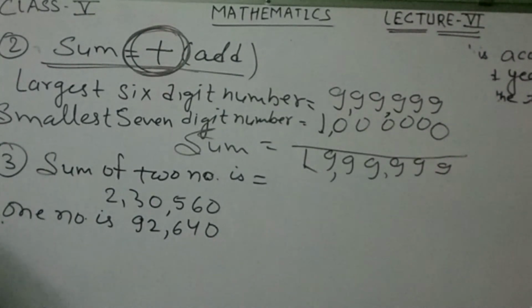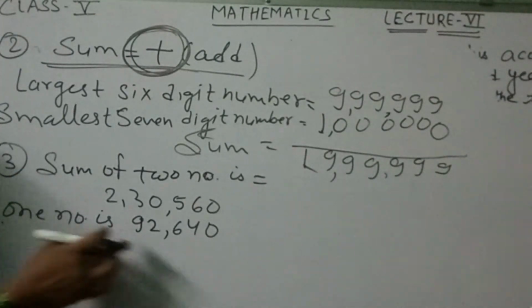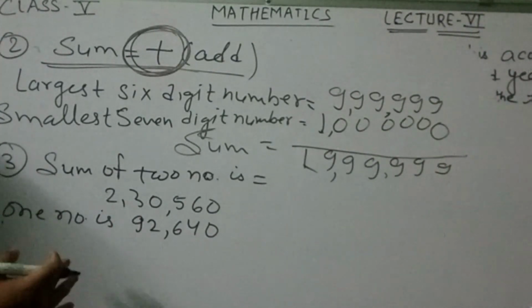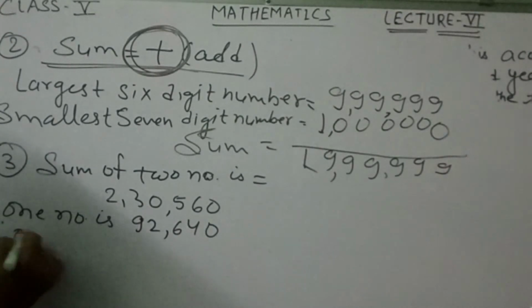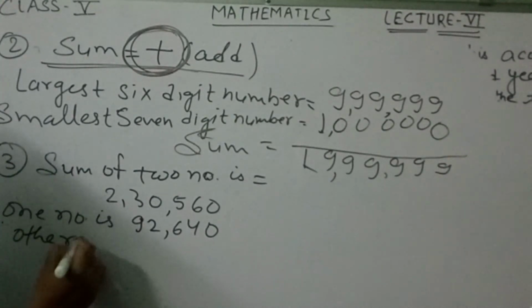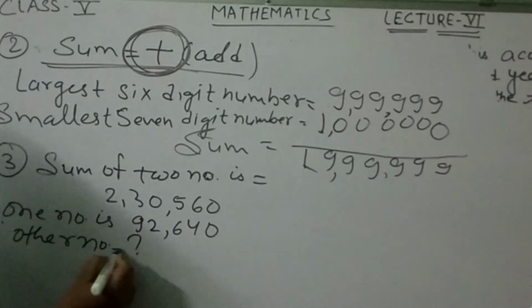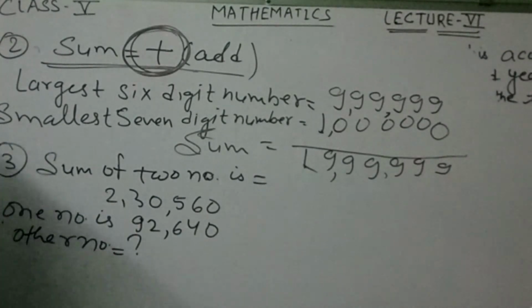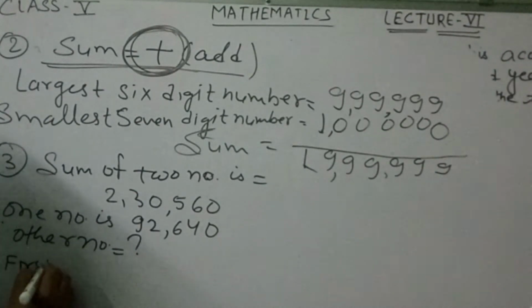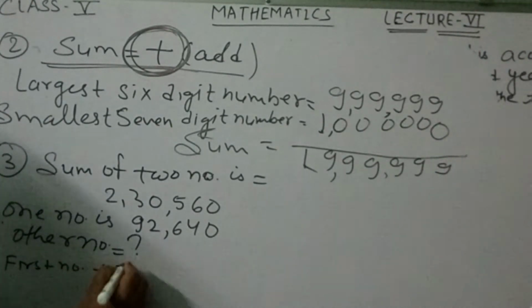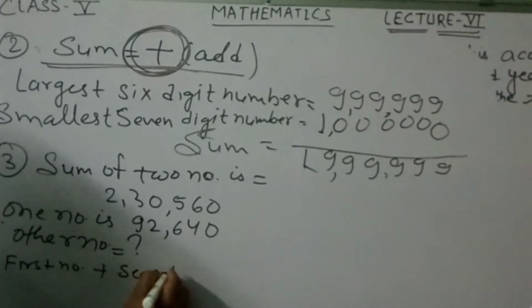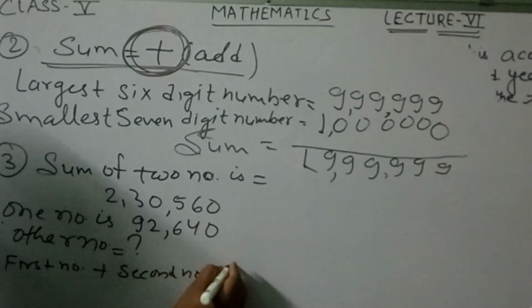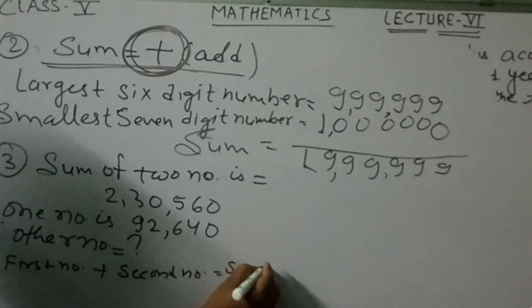Sum of two numbers is given, one number is given here. Then how will we find the other number? We have to find the other number. So write here: first number plus second number is equal to the sum of two numbers.